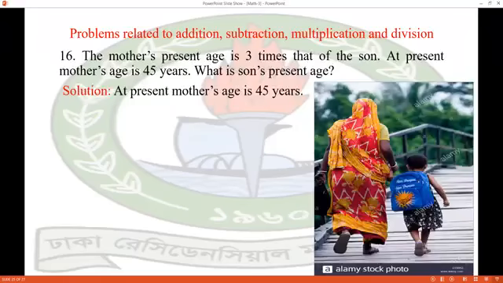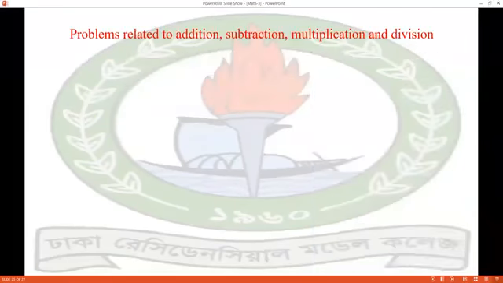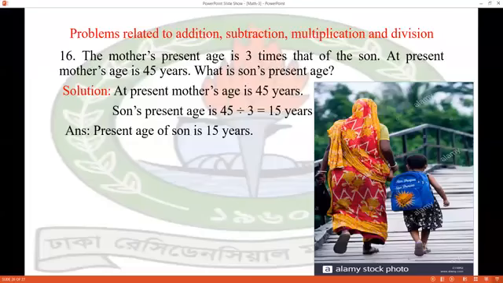Anyone with a problem here, you can solve it in this way. It's simple math. The mother's age is 3 times that of the son. At present, the mother's age is 45 years. What is the son's age? So at present the mother's age is 45 years.